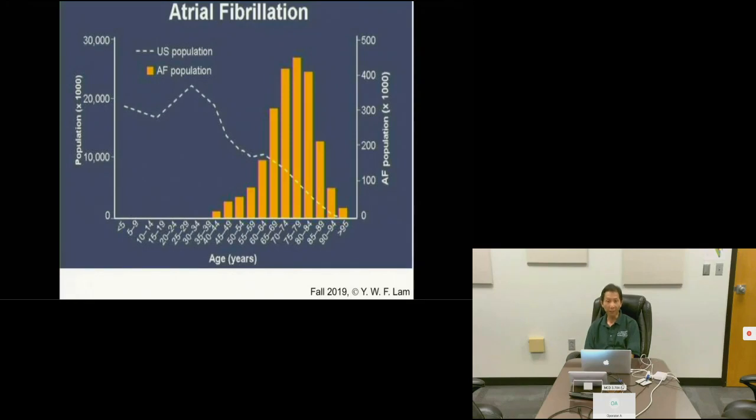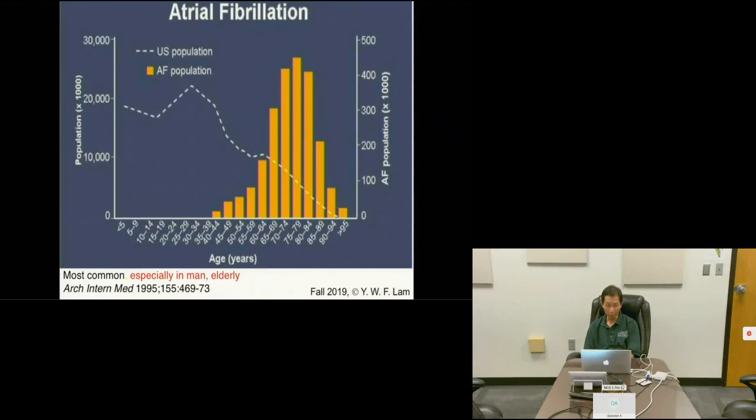So you can see that as the patients get older, somewhere between maybe 65 to about 85 years old or so, the incidence of atrial fibrillation significantly increases compared to the other age groups, the younger patient population, or maybe even the much older group, such as older than 90 years or so.